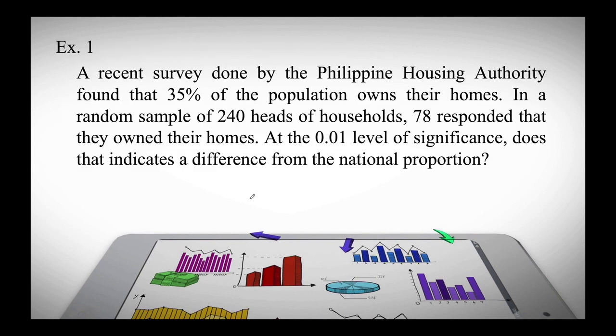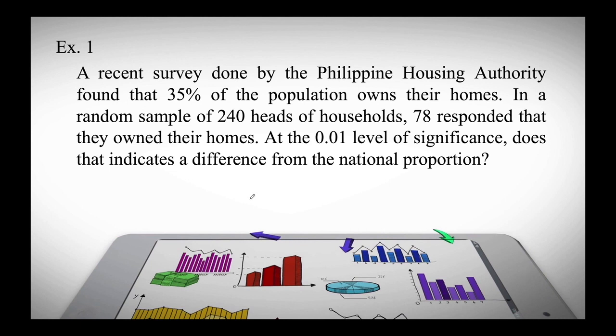For our example 1, a recent survey done by the Philippine Housing Authority, or the PHA, found that 35% of the population owns their home. So they do not rent, but rather the house is their own. Now, in a random sample of 240 heads of households, 78 responded that they own their homes.